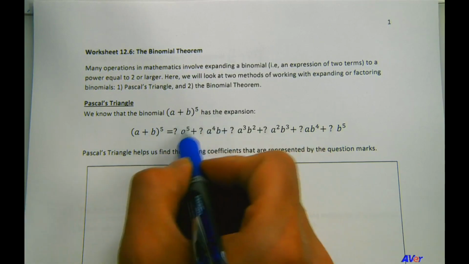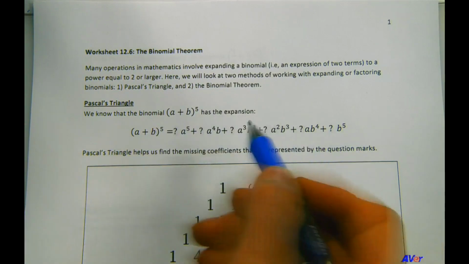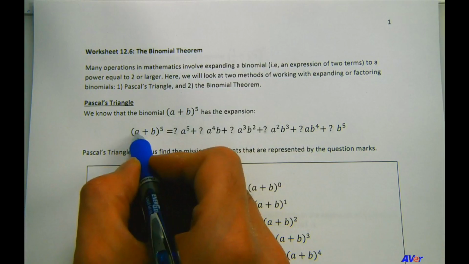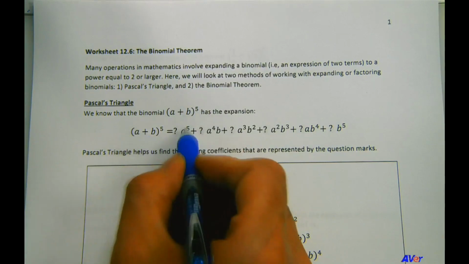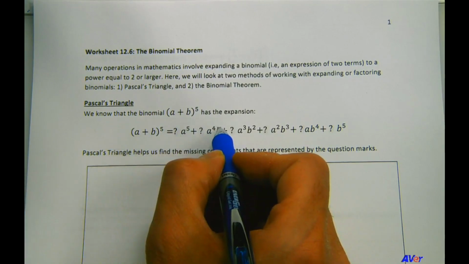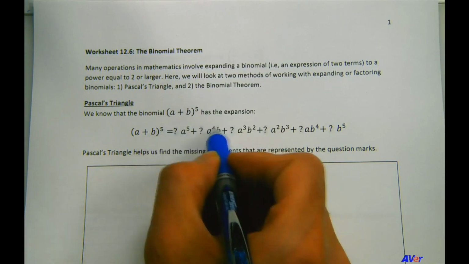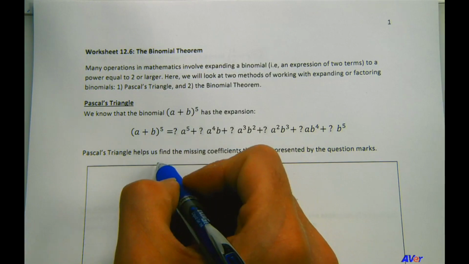So a to the fifth, the 5 is equal to that. That's easy to see. The second term gets a to the fourth, so that power is reduced by 1, times the second term with a power such that if you add that power to 4, you get 5 again. 1 plus 4, 5. Great.